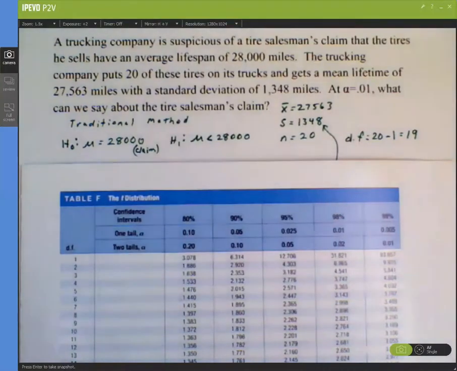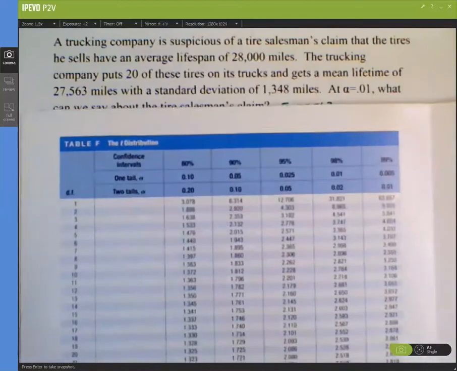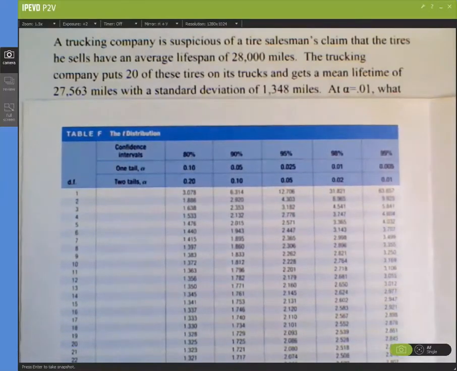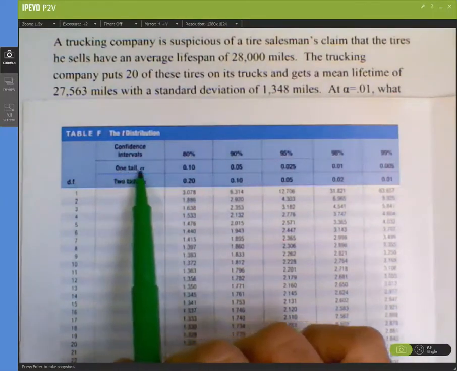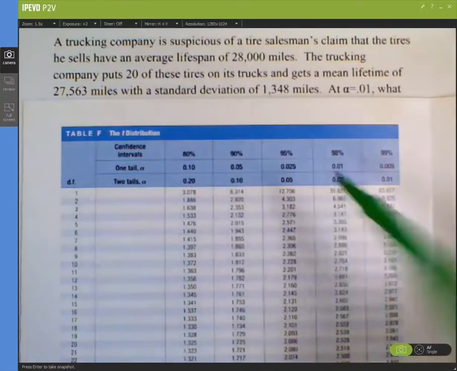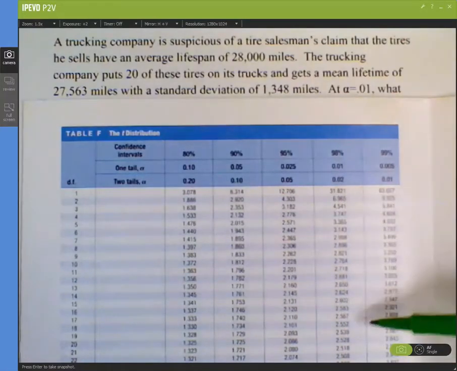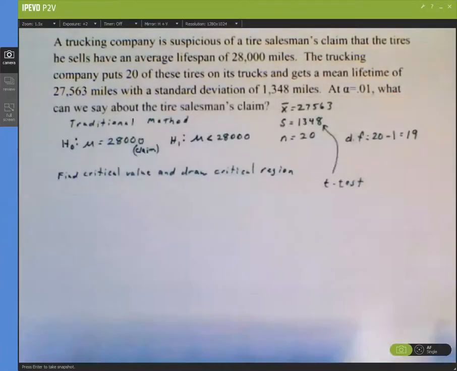And we have our degrees of freedom. So we're ready to go ahead and find that critical value. We have a one tail test with alpha of 0.01. So we're going to be in this column right here, and we're going to go down to 19 degrees of freedom, which is right here at 2.539.